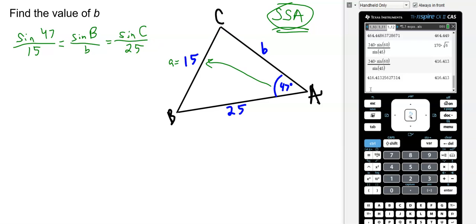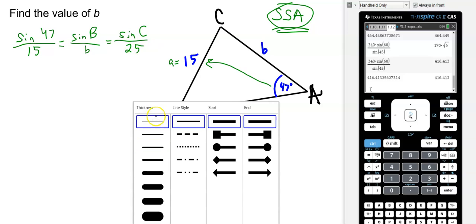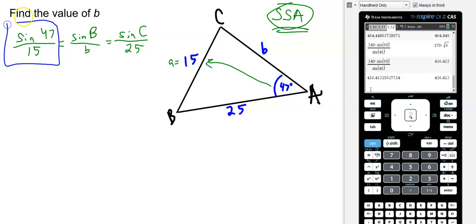Interestingly on this one, I'm going to choose this proportion and this proportion, and cross multiply those two, because in the middle one we don't have both terms, so I'd need to find the angle first. So it's 25 times the sine of 47 equals 15 times the sine of c.